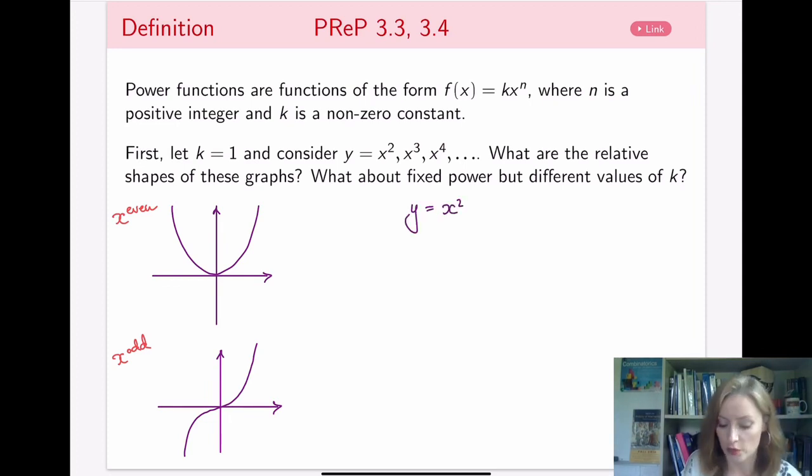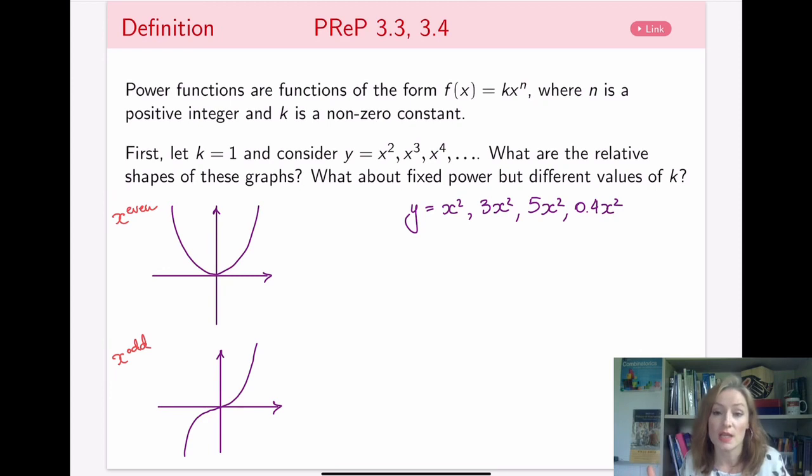Let's say that's the coefficient 1. That's the one we've already seen. But then something like 3x squared or 5x squared or maybe 0.4x squared. How would these shapes look together, right? So would they be similar in some way, or would they be somehow different?